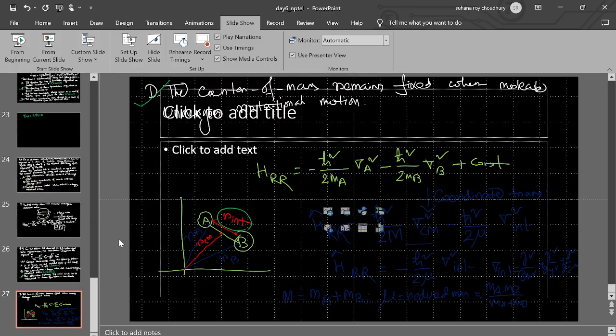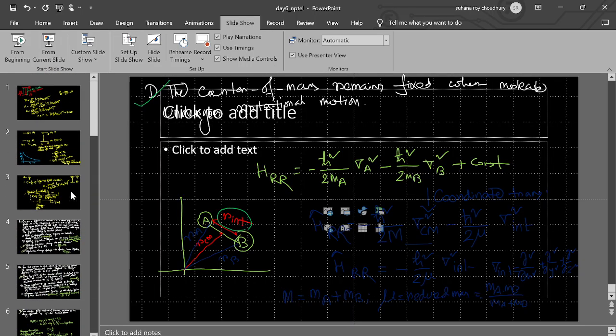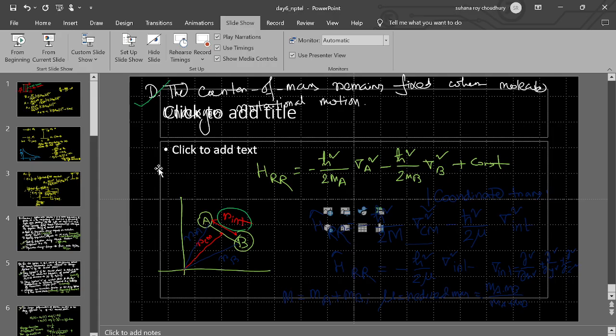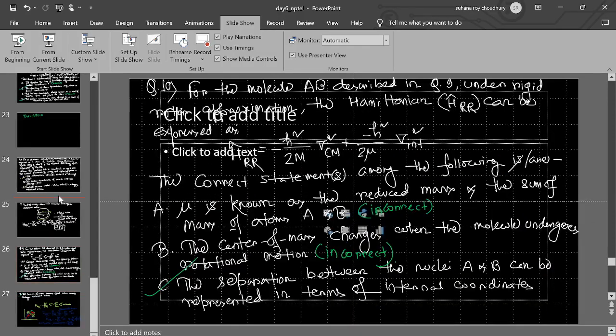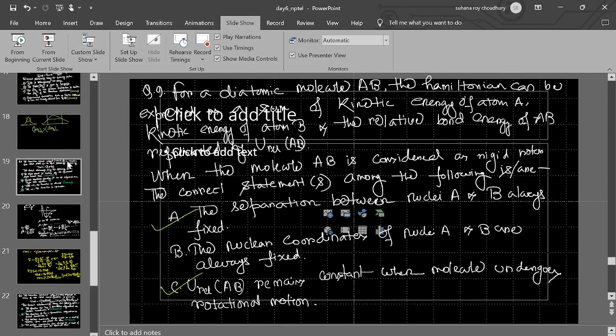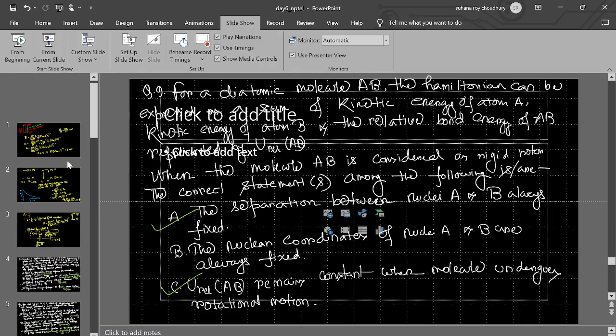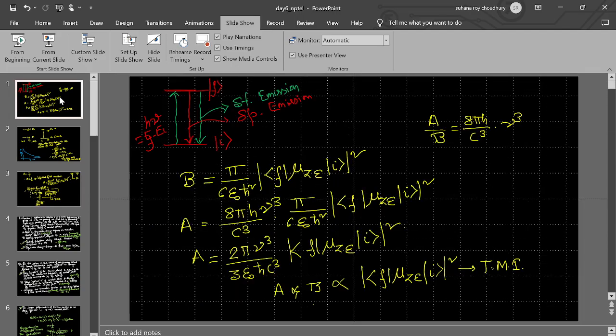I think the previous year questions will not be there. You can just do whatever we have done in class and go through the lectures, and it will be simple. It will not be difficult. And I think it is an online mode exam, so you do not need to travel to appear for the exam.